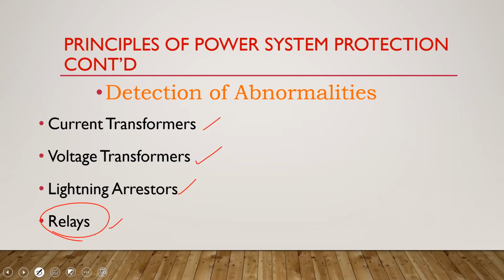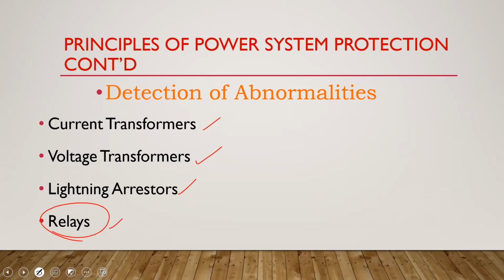All right, so you have your voltage transformers, you have your lightning arresters. Now your lightning arresters do more than just detect. Yes, they detect the lightning, but they also process and isolate. But we're sticking them here because they do detect.